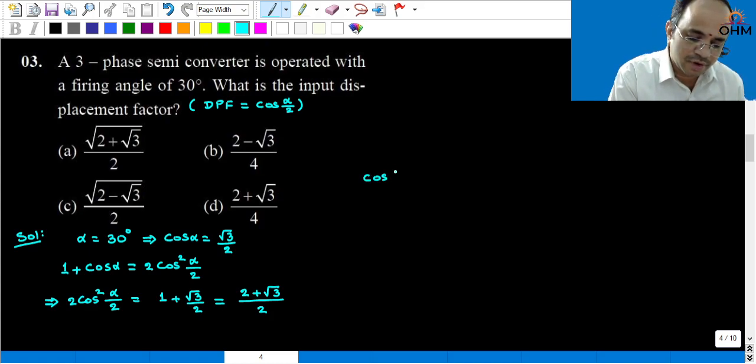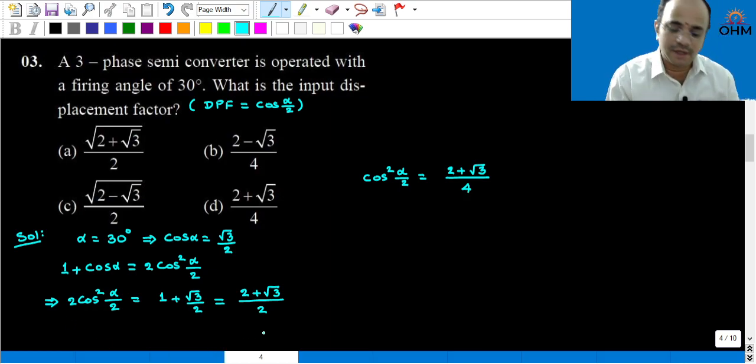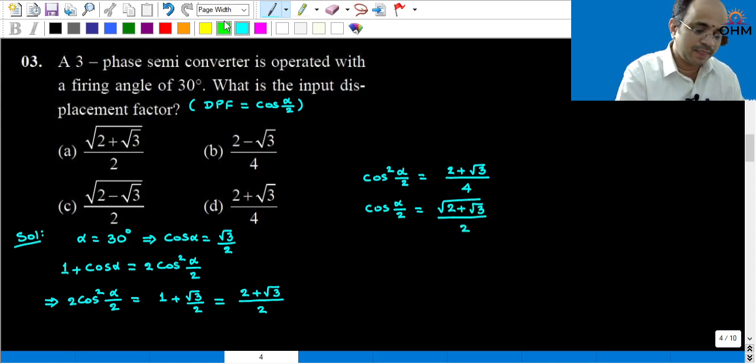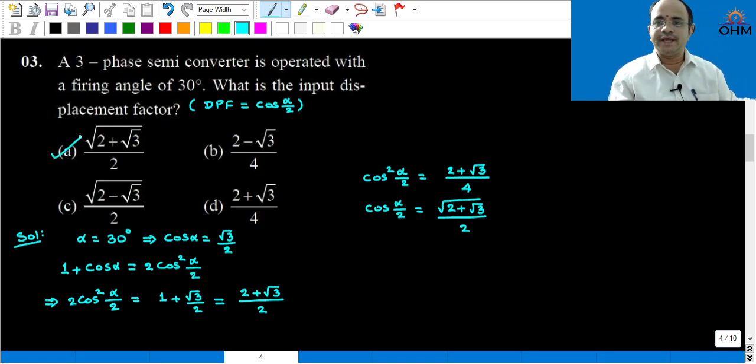Therefore cos square alpha by 2 is equal to (2 plus root 3) divided by 4, because the 2 will come in the denominator. Now you can find cos alpha by 2 is equal to root of (2 plus root 3) divided by 2. So option A is matching.